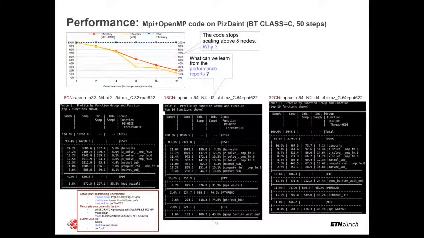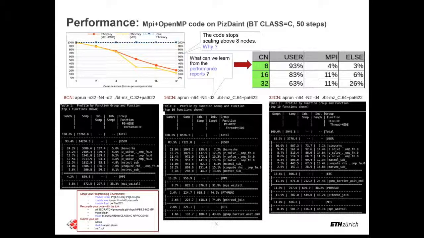So as a summary, you can see that above 8 compute nodes, we spend less and less time doing computation. The communication time increases, and apparently the OpenMP synchronization time is taking too much time.